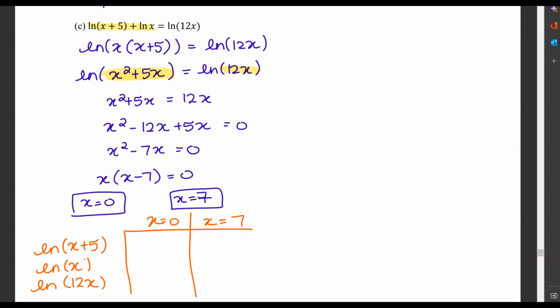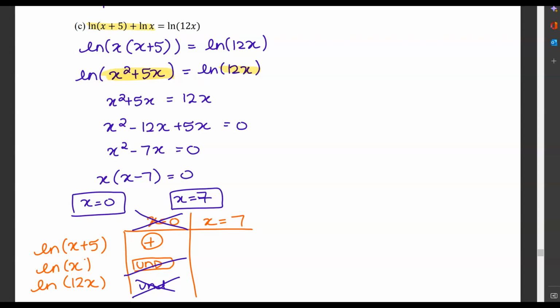When I plug in 0 here, that's positive, so I'm good. But when I plug in 0 here, it's going to be undefined, because remember, I want that to be greater than 0, not equal to 0. So because I'm using just ln here, it doesn't work, so therefore this answer doesn't work. It only takes one of them to not work, and then the whole thing doesn't work, right? It wouldn't have worked here either, because we would have gotten a 0, because it would have been 12 times 0. Let's check x equals 7.